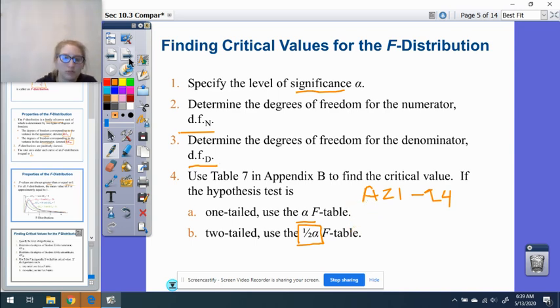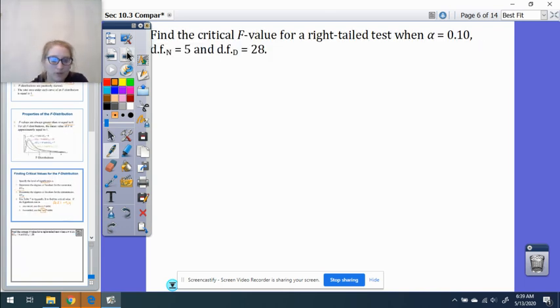We're going to do two examples. For this one, we are doing an alpha level of 0.1. It's right-tailed, so that means it's just a single-tailed test. The degrees of freedom of our numerator is 5, and our denominator is 28.